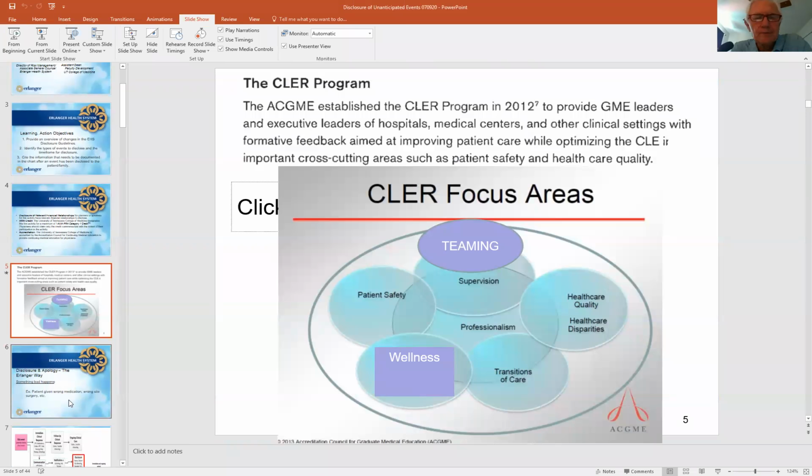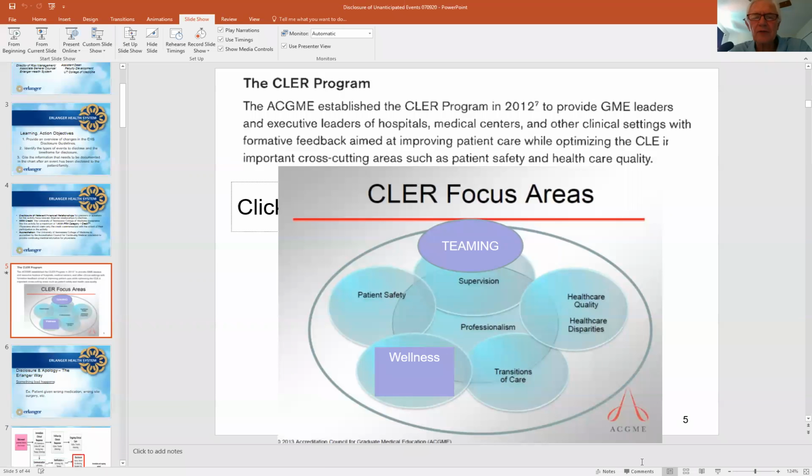So the CLEAR program was started in 2012. And it's really focused not just on the residency programs and the institution that oversees those residency programs.